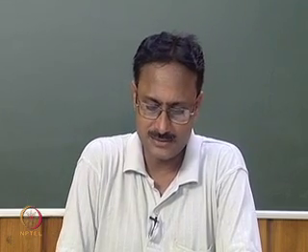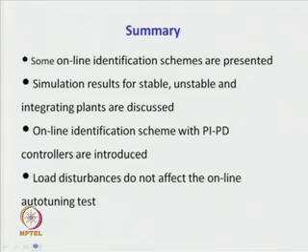Simulation results for stable, unstable and integrating plants are discussed, and the simulation results show that the effects of static load disturbances can be countered easily using the advanced identification and control schemes.